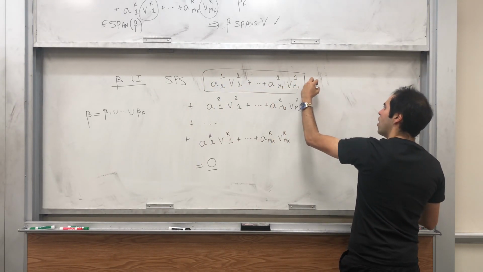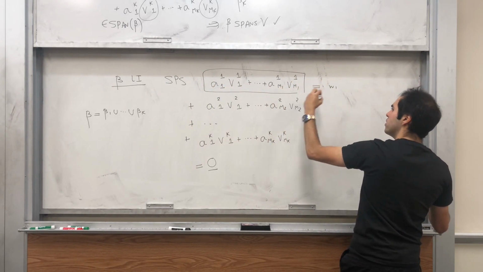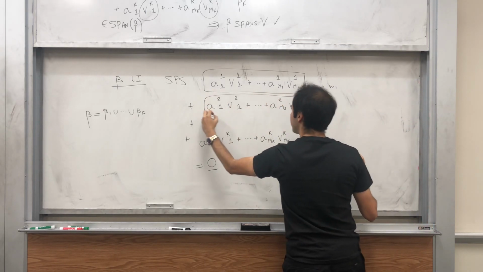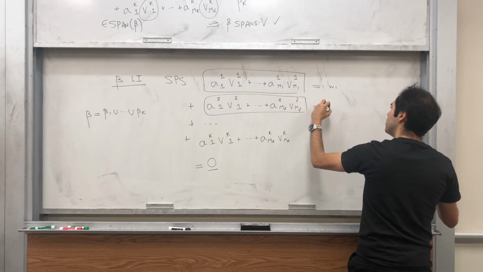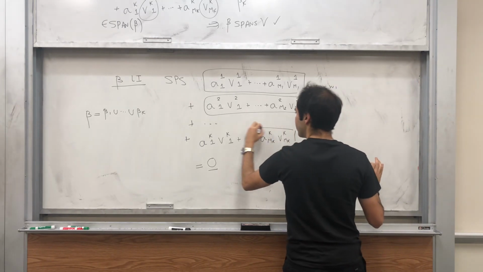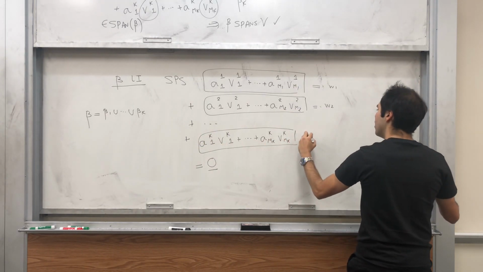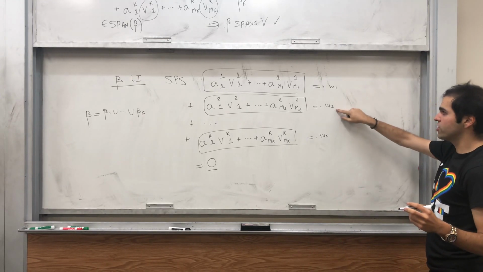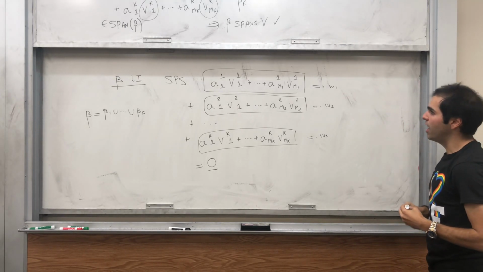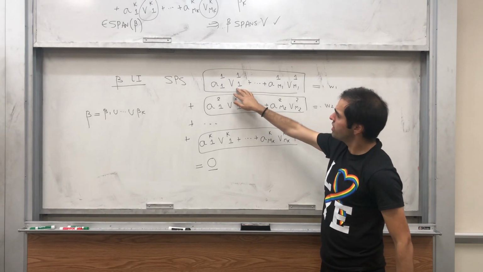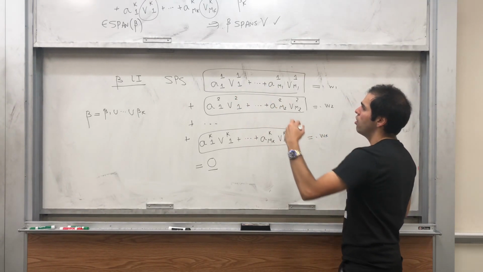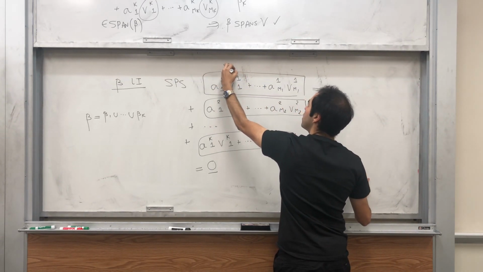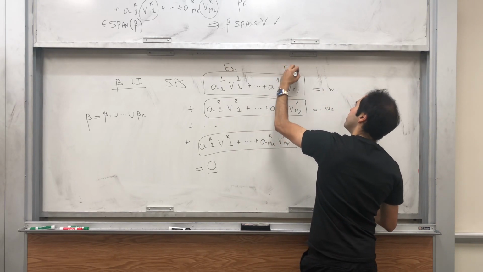Because this one, call this w1. This one, call this w2, etc., etc. And this one, call this wk. Now, in which space is each wi? Look, here you're taking linear combos of vectors in E of lambda 1.